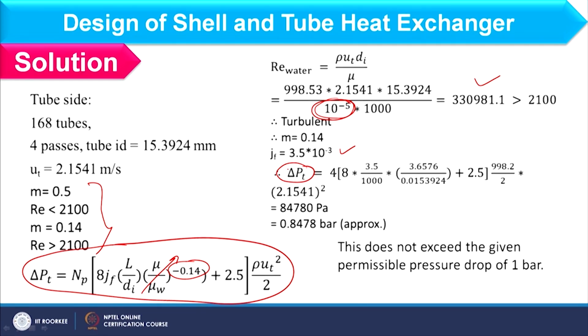Because we have already discussed that total tube length will give the pressure drop, because total tube length will have the friction. Okay. So we can find out pressure drop in tube side considering total length, and the value comes as 0.8478 bar, which is less than 1 bar. Okay. So condition is satisfied over here.